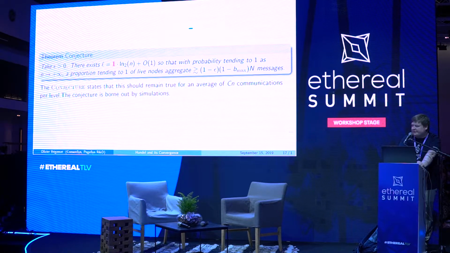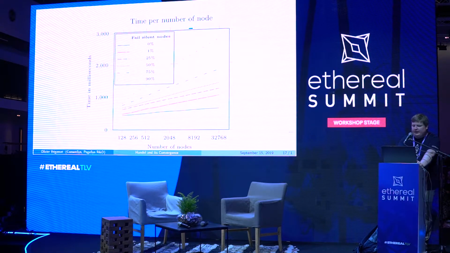You should actually just be able to communicate with n people on every level. So it would be really not just polylogarithmic, but actually logarithmic. Okay, so this conjecture, just to give you an idea, is actually borne out by simulations. Those are simulations which we ran in our simulator called Wittgenstein.